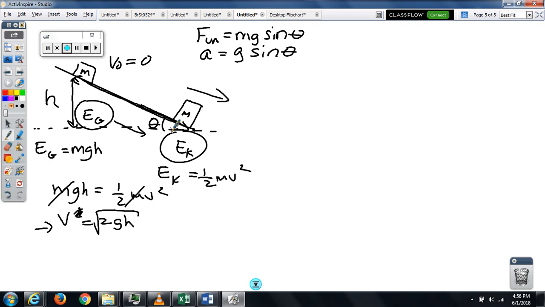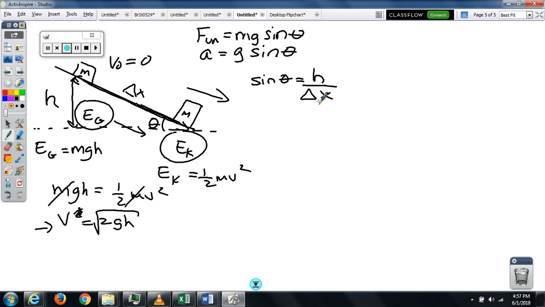What I have, though, is h, the height. So it's the opposite side of this triangle. So sine of theta equals opposite over hypotenuse, I'll call this delta x. So this is why we don't need the sine, because anywhere we see a sine of theta, we can actually replace it with h over delta x.